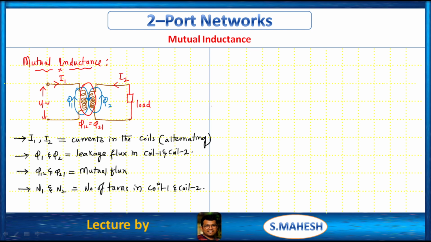So the induced voltage in coil 2 is due to what? The rate of change of flux linkages in coil 1.